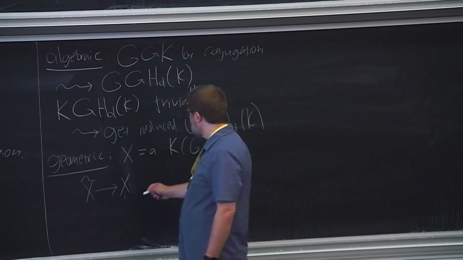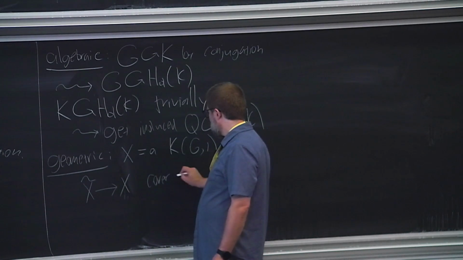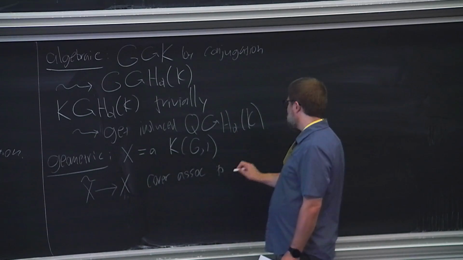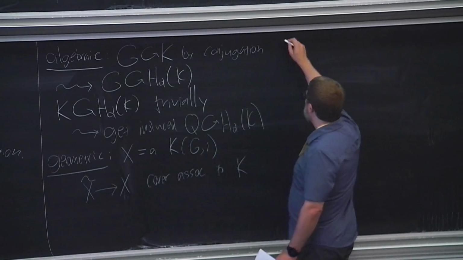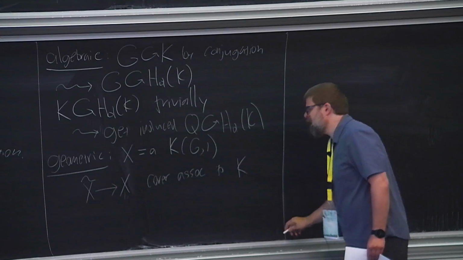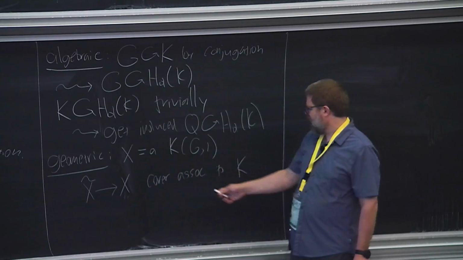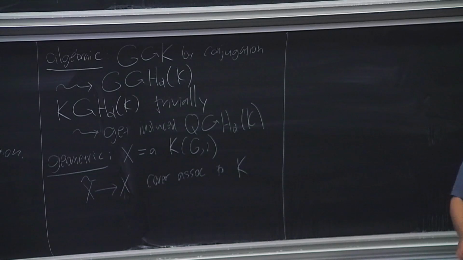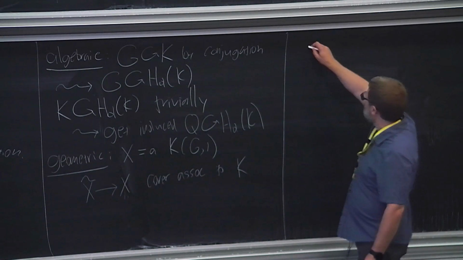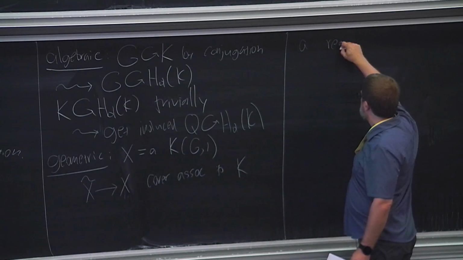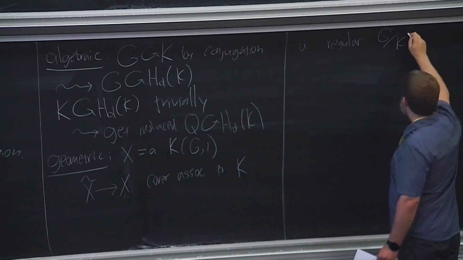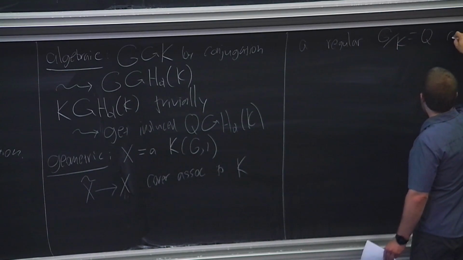This is the cover associated to K, right? We can do that because the fundamental group of X is G, and every subgroup of the fundamental group corresponds to some cover. This is a regular G mod K equals Q cover.